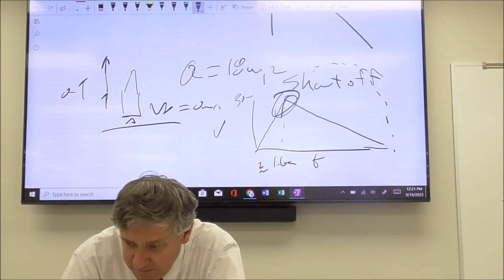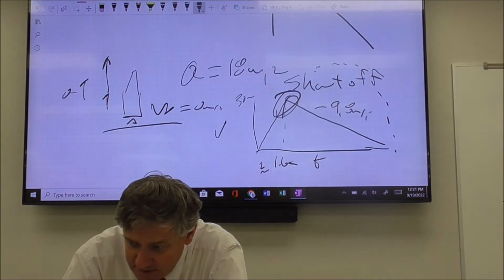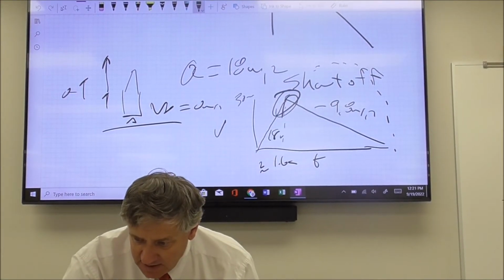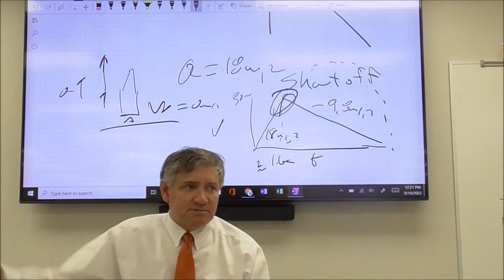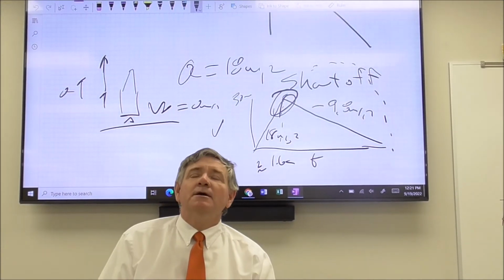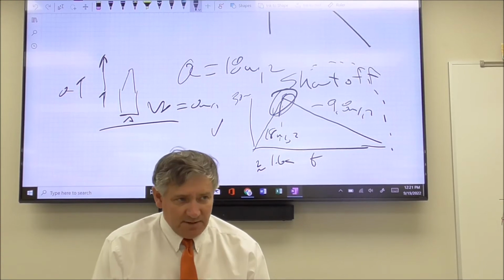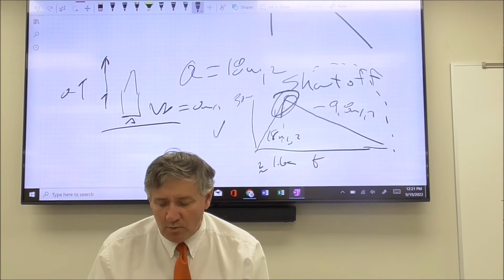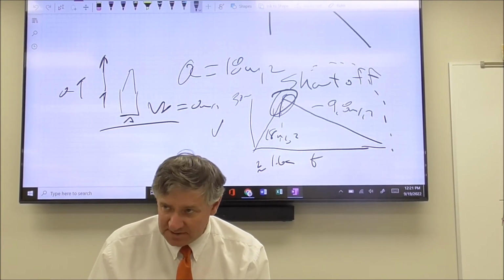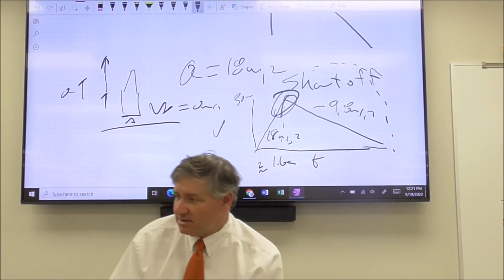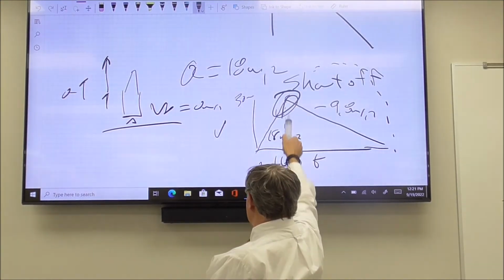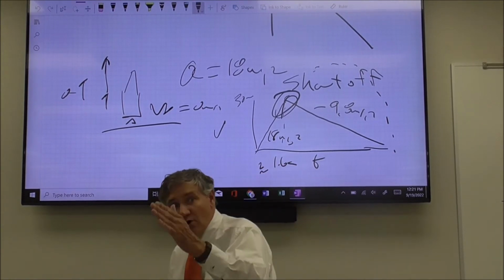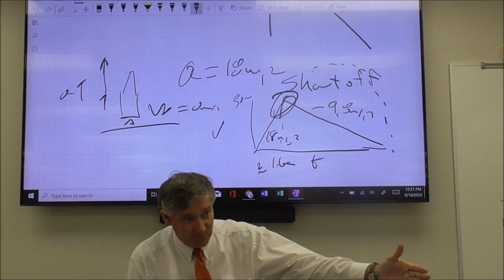So at this point, now your acceleration becomes negative 9.8 meters per second squared. So you had an acceleration of 18 meters per second squared, and then it becomes an acceleration of negative 9.8. Now, listen to me. You keep a running clock. So when you find the time for it to reach its maximum height and that velocity goes to 0, you have to take that initial time and add to that the time that it takes to go from 30 to 0, okay?